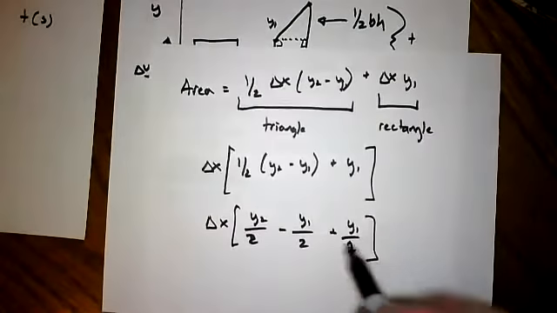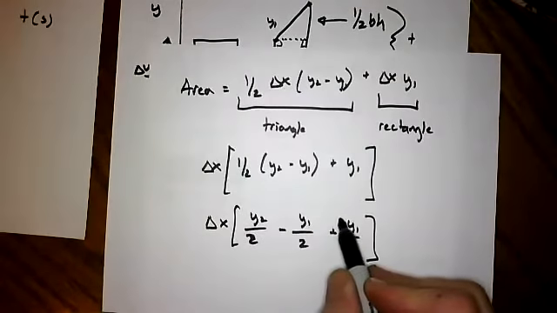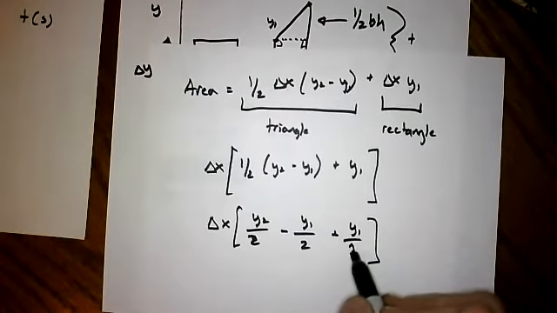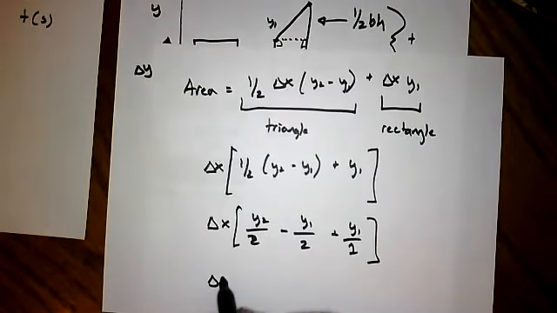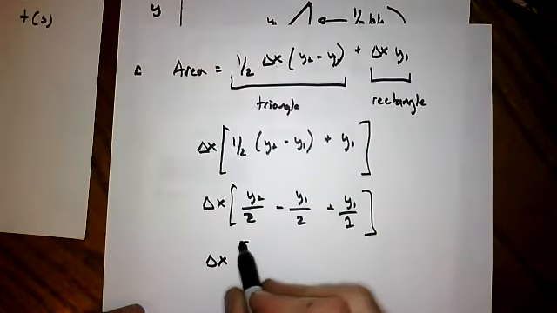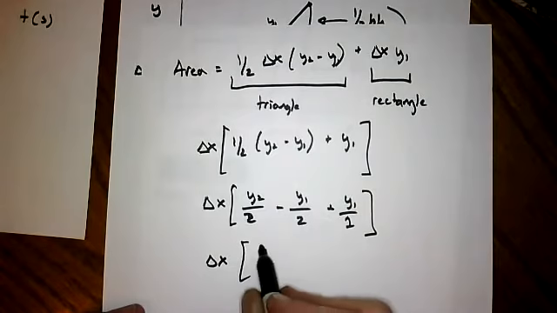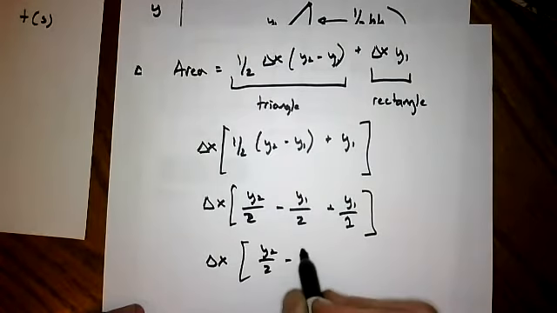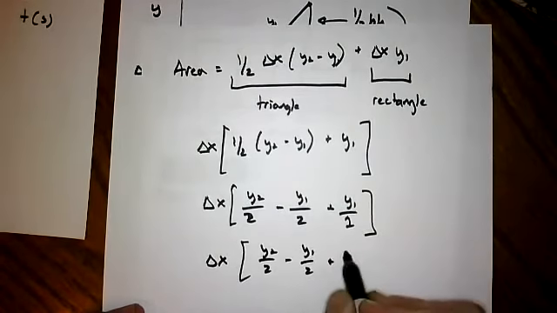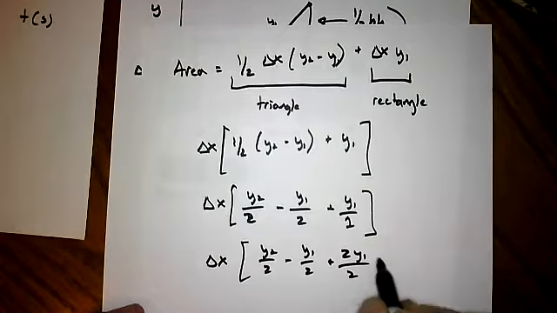Now we can just quickly multiply that by 2. I'll do it the long way. Delta x. I want to add these two together. y2 over 2 minus y1 over 2 plus 2y1 over 2.